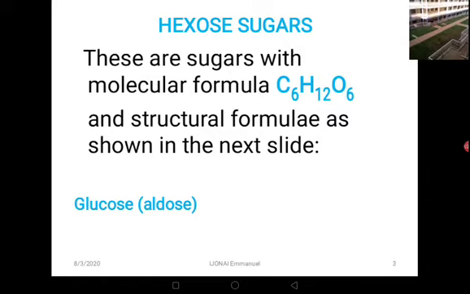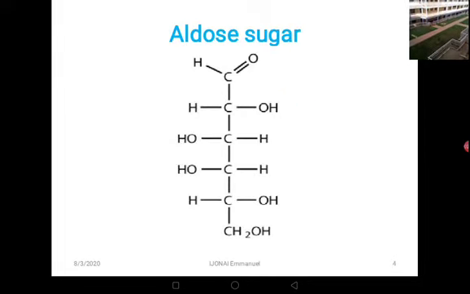The structural formulae can be shown next, but the structures may vary from the molecule. So we're going to see shortly that sometimes the structural formulae are slightly different from the molecular formulae. We can see one of the structures there of the hexose sugar, and we want to call it aldose sugar, from the word aldehyde.